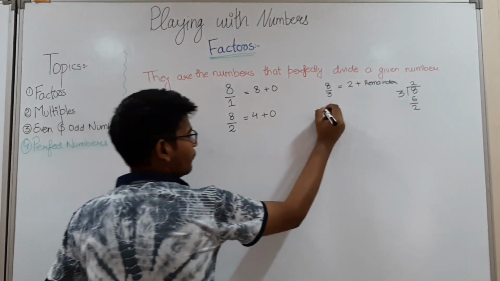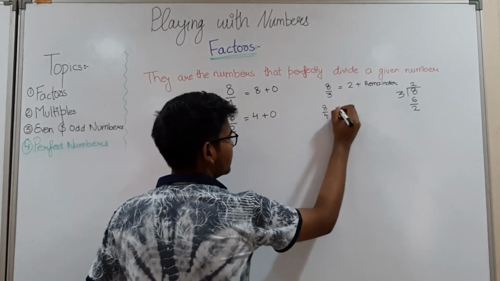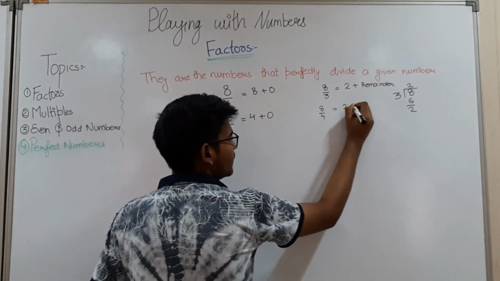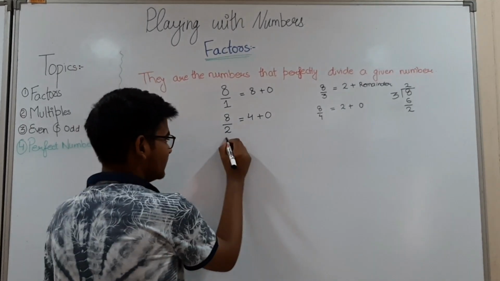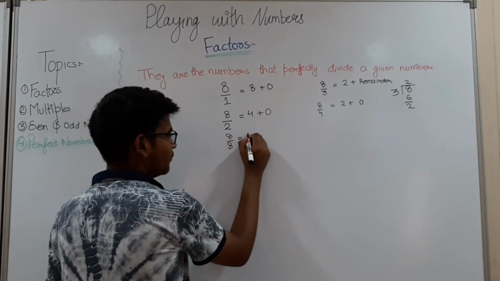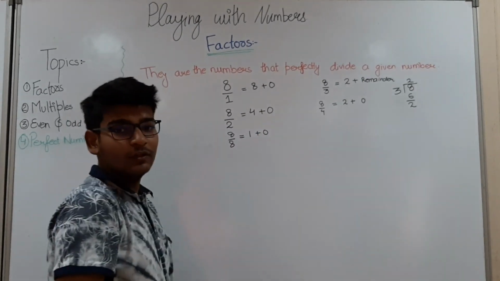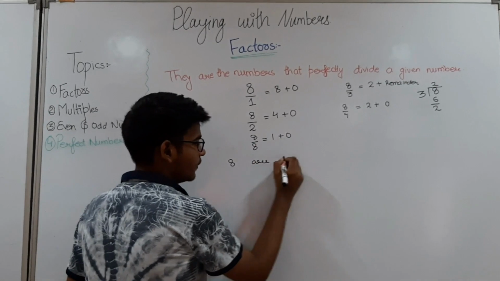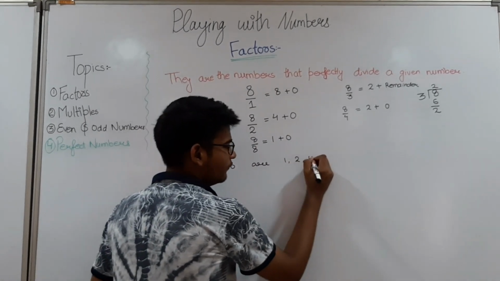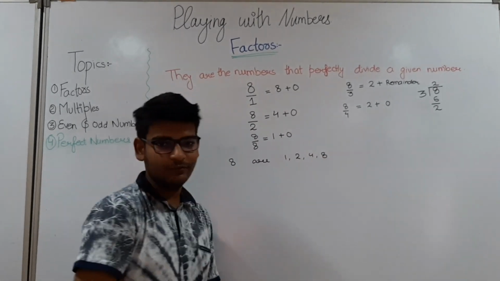Let us take 4. 8 divided by 4 is equal to 2, remainder 0. Similarly, 8 divided by 8 is also 1, remainder 0. So we say that the factors of 8 are 1, 2, 4 and 8 itself.